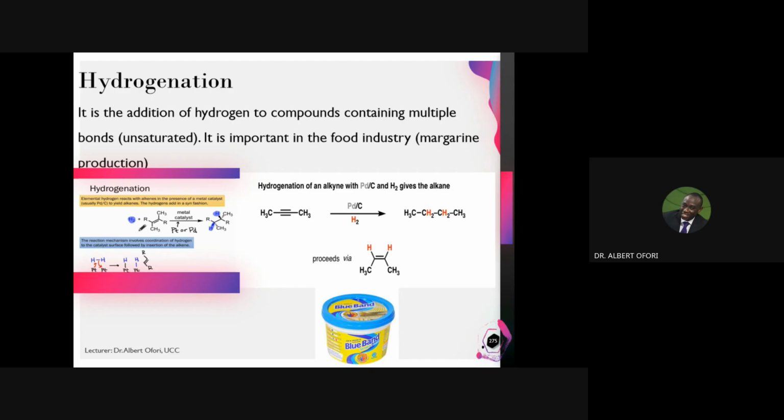Well, oil is unsaturated, meaning oil has double bonds in there. So if we push the hydrogen in there to reduce the unsaturation, it becomes hard. It becomes solid. So that's how we have cooking oil different from margarine, vegetable oil from margarine, or fat oil from butter. The process is just hydrogenation.